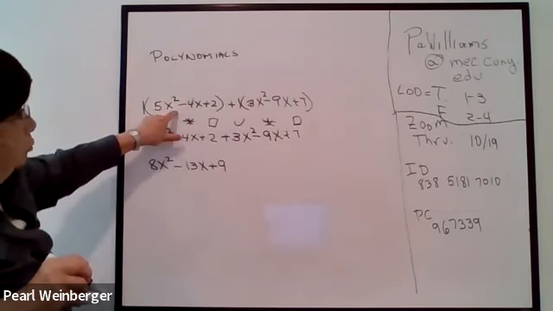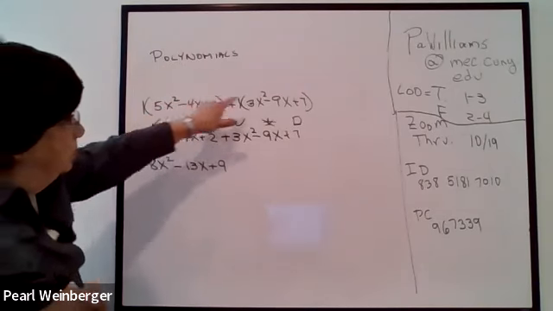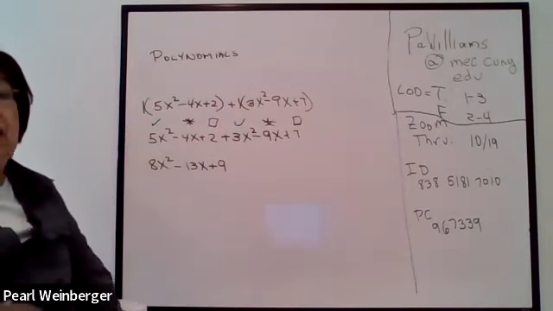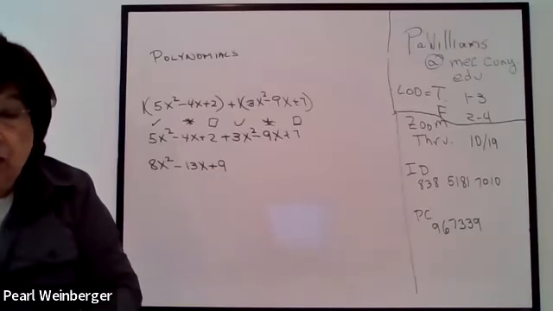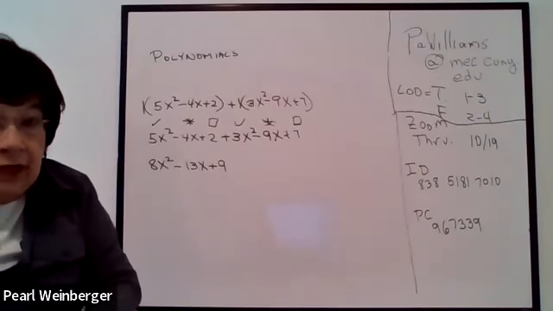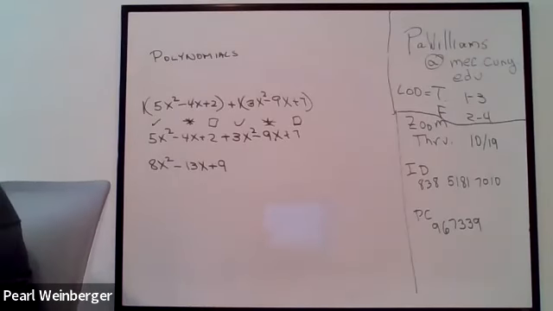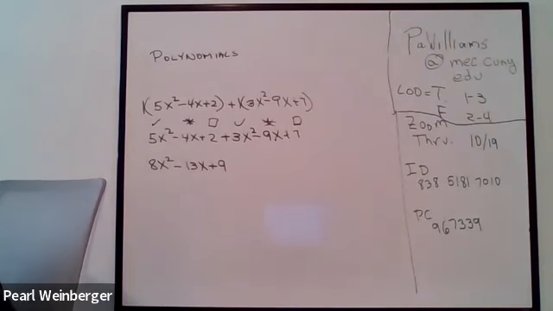They were both trinomials. This was a trinomial, this was a trinomial. My answer also turned out to be a trinomial. We had 3 terms in my answer. Let's do one with a subtraction, and then I'll give you one to try on your own.